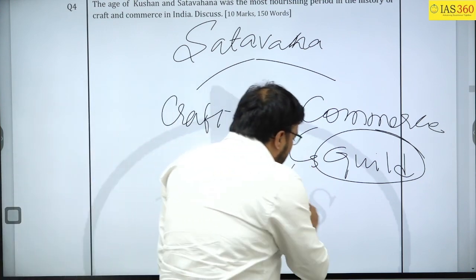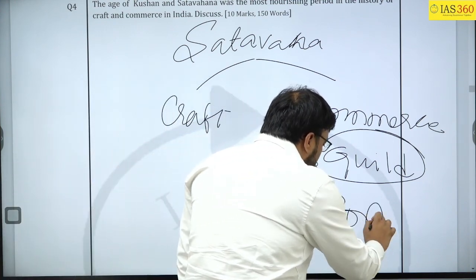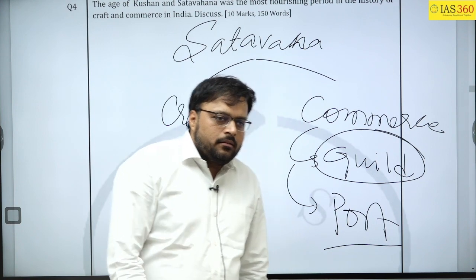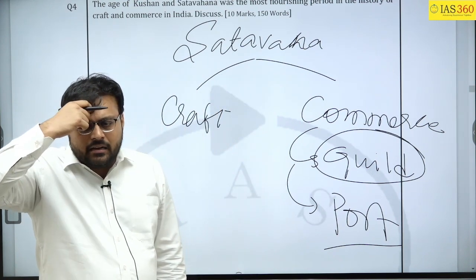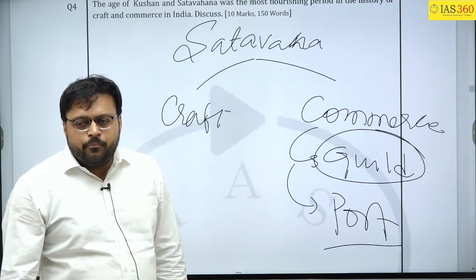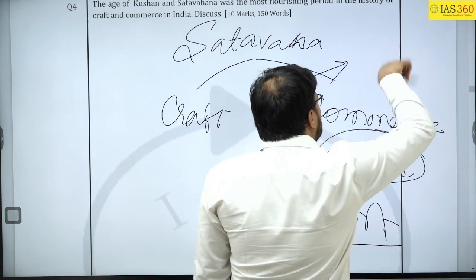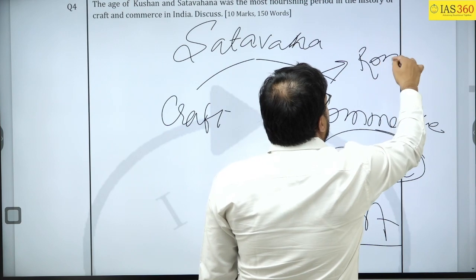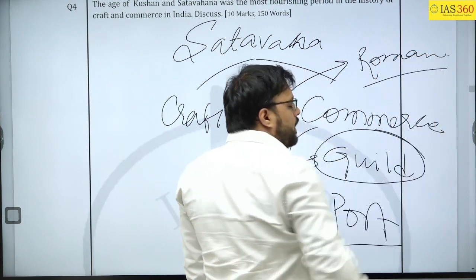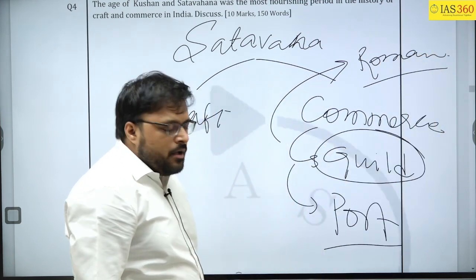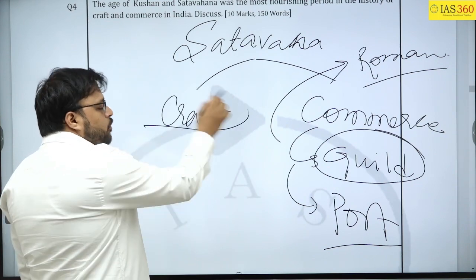Then you can talk about the ports at Pathan, at Nasik, at Tagar. They have 3 different ports. Then they were also doing trade with the Roman kingdom. This is about the craft. Then, this is about the commerce.